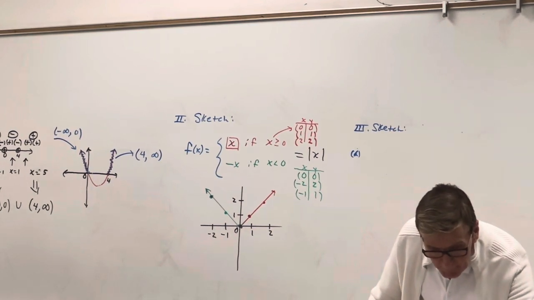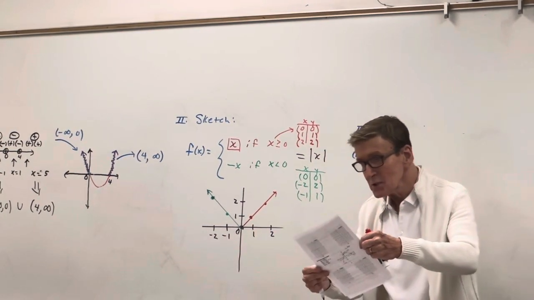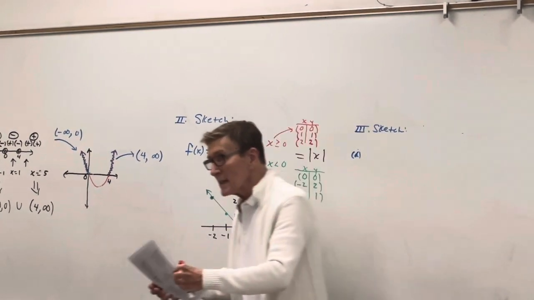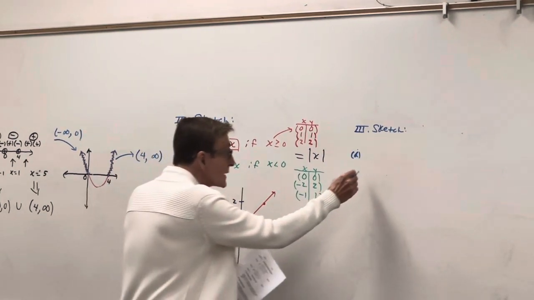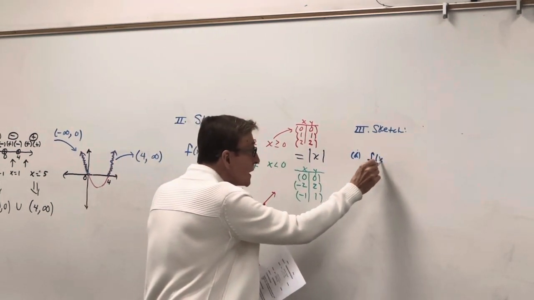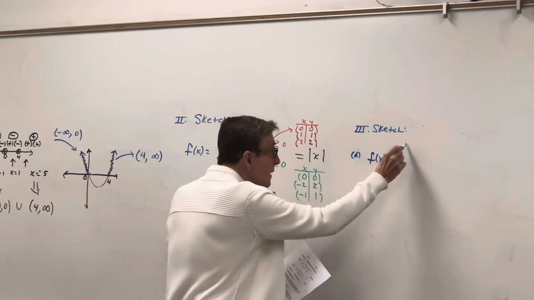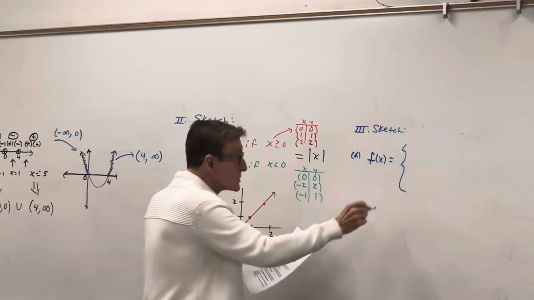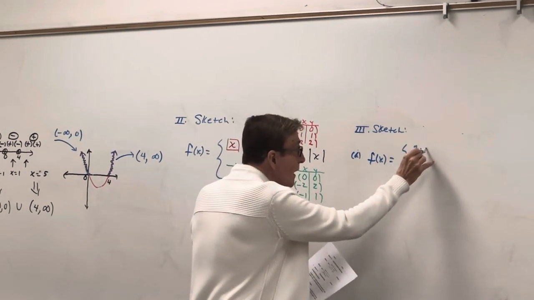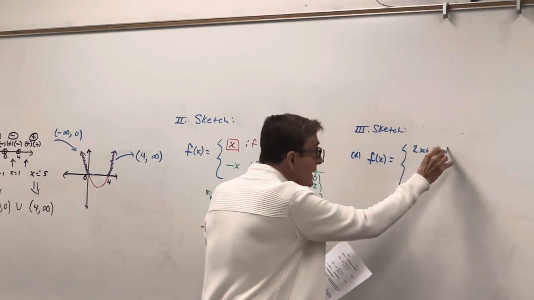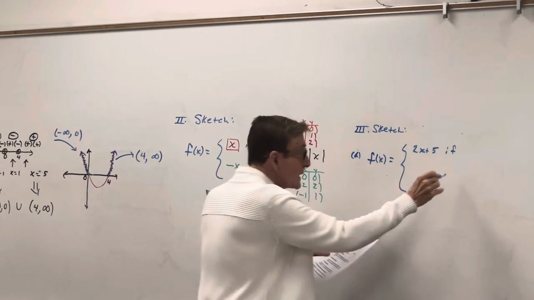Does it start out with f of x equals, the first piece is 2x plus 5? Is that it? f of x is equal to 2x plus 5. And here's the constraint, if this is true.